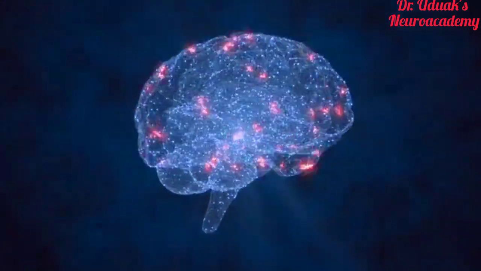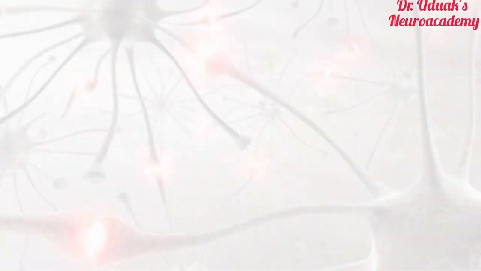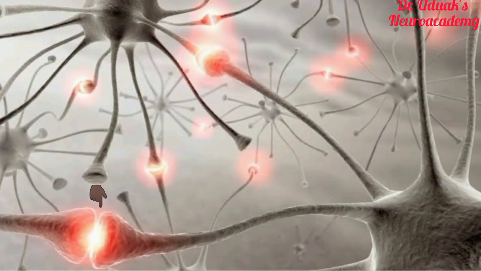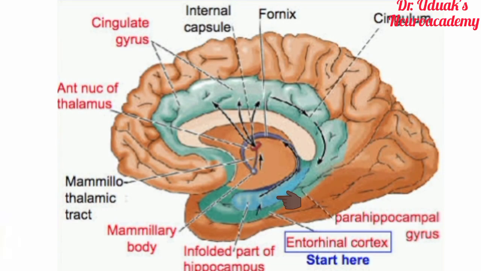Memories are stored through the strengthening of what we call synaptic connections between neurons. The hippocampus, the parahippocampal gyrus, the fornix, the mammillary bodies, and the cingulate gyrus are structures that are concerned with memory function.